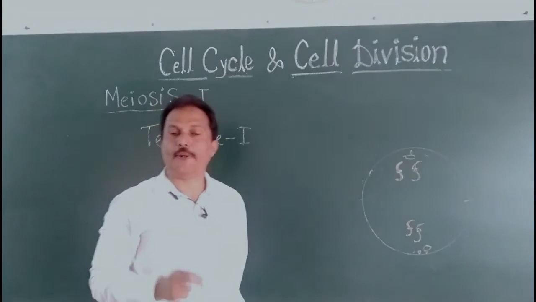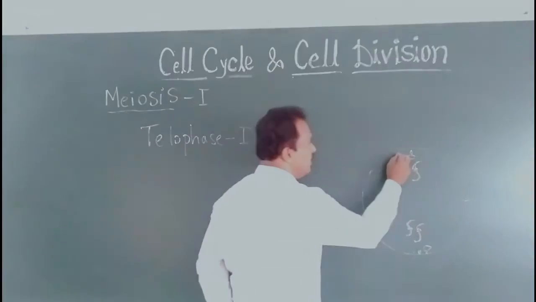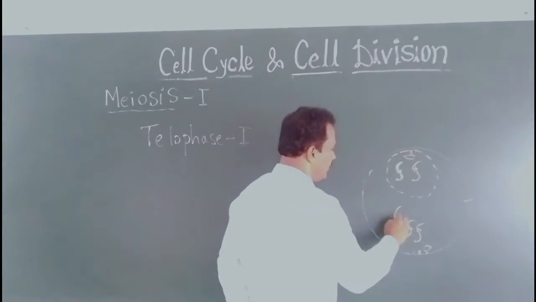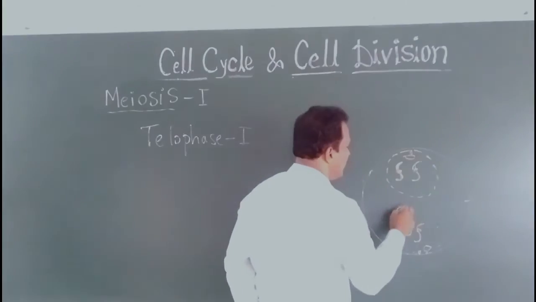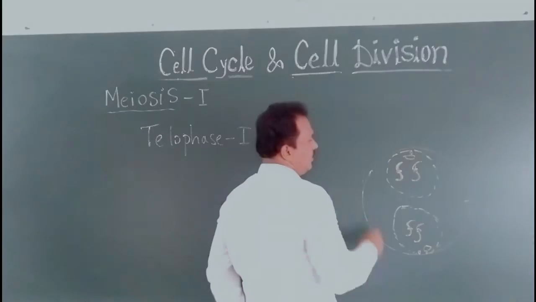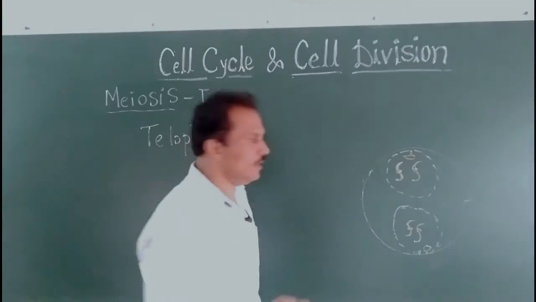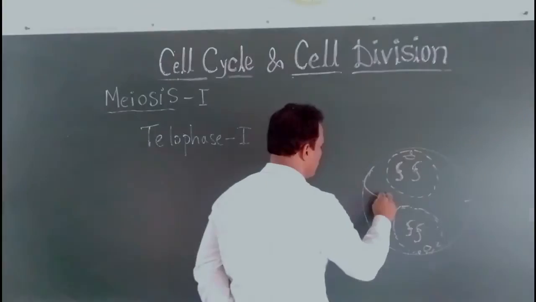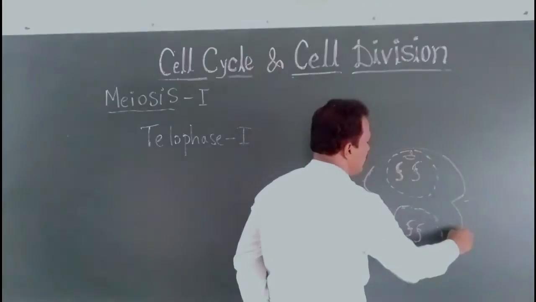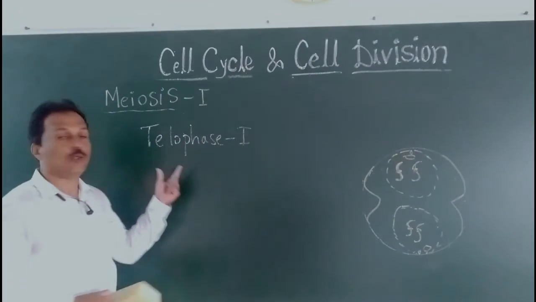Apart from this, reformation of the nuclear membrane appears, and reformation of other membranous organelles also takes place. Similarly, formation of a notch is seen at this point. So these are the things taking place in telophase 1.